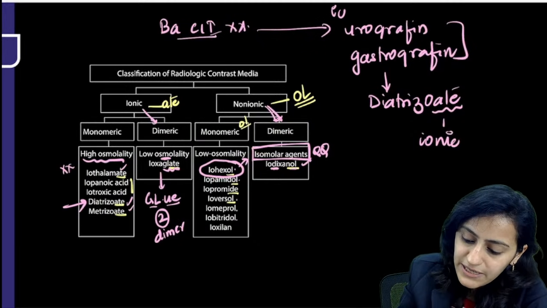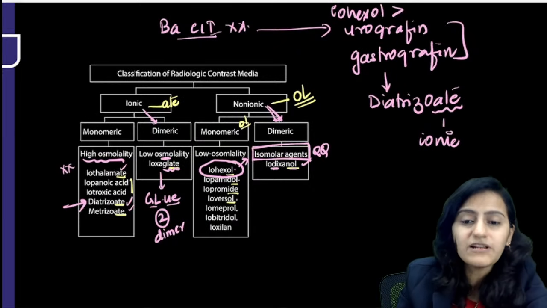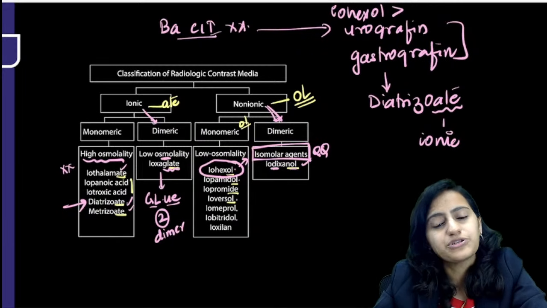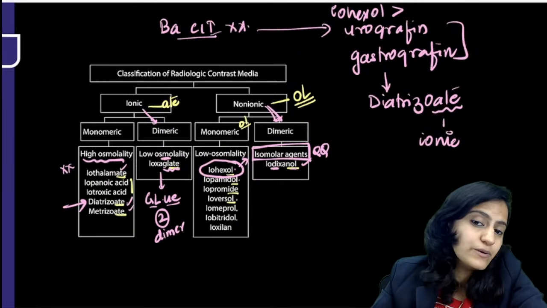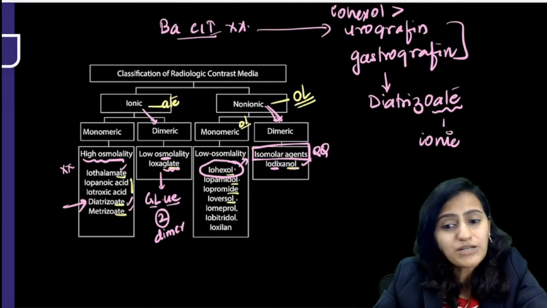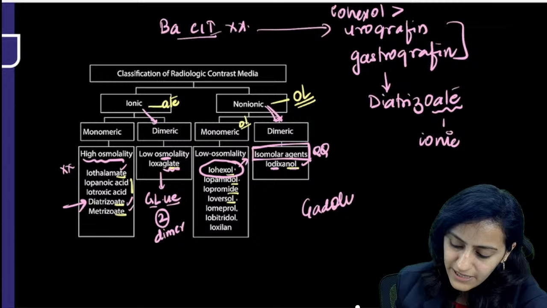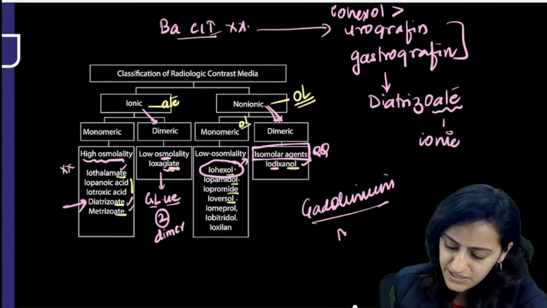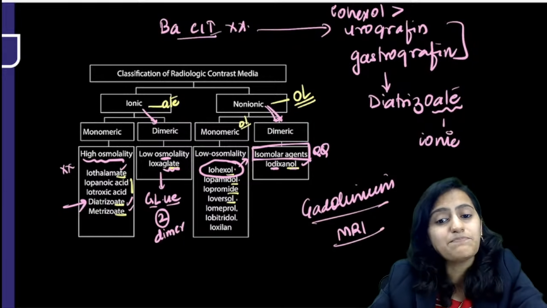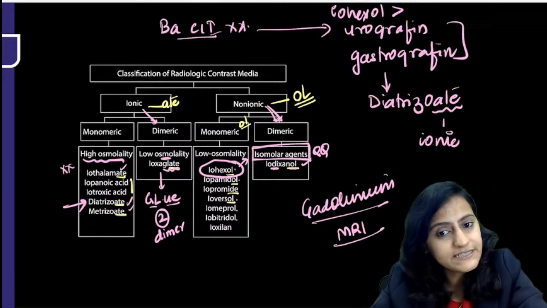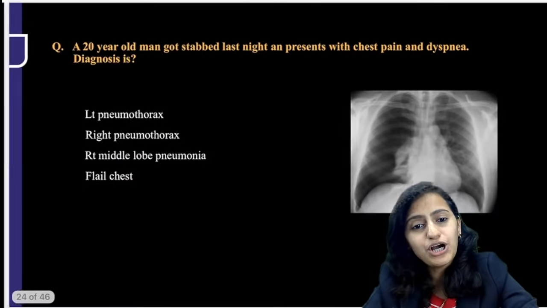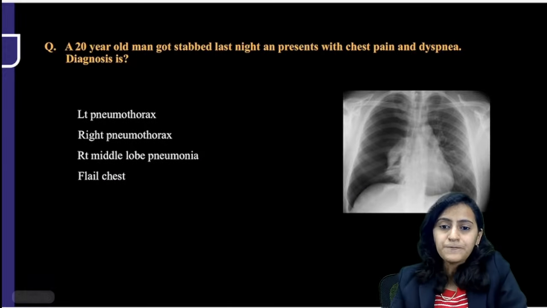Even among iodinated contrasts, iohexol will be preferred over gastrographin. Dr. Nani Kumar, the MRI contrast is gadolinium. Gadolinium is the contrast used in MRI because it's a paramagnetic substance. Okay? Going on to the next question now.